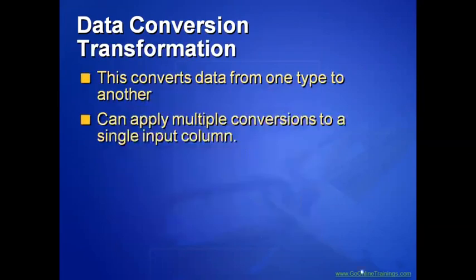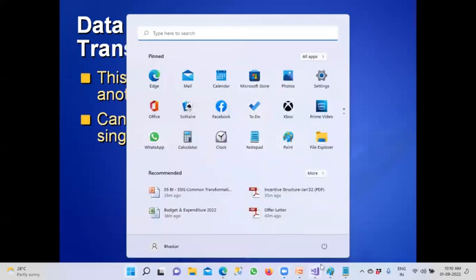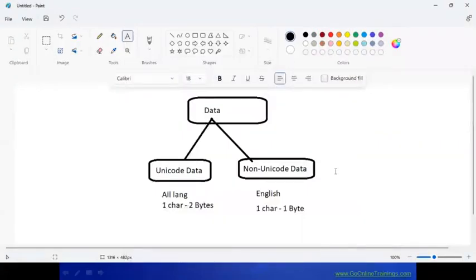Data conversion can be used to convert the data from one type to another, STR to WSTR, or number to decimal, character to varchar. All these things, if you wanted to do, data conversion can be done, but you need to understand what kind of data the entire world has. There are only two types of data in this world. One is called Unicode, the other is called non-Unicode.